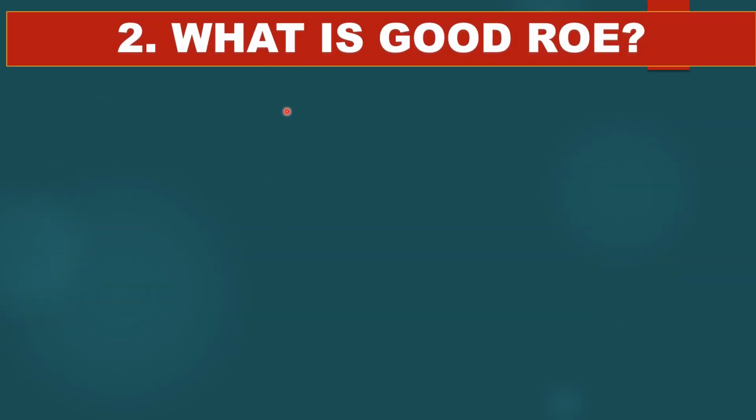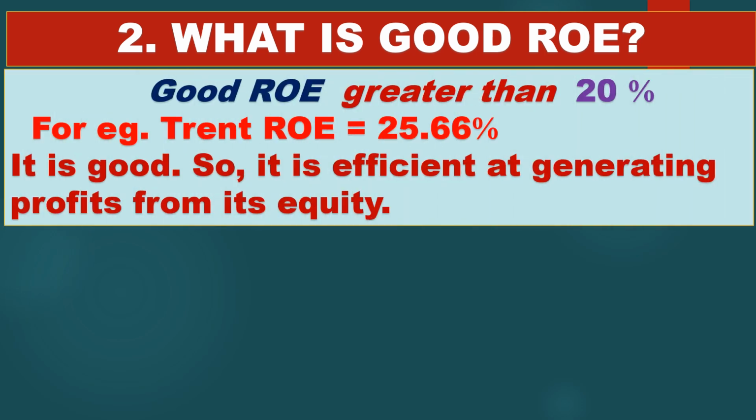Now let us see what is a good ROE value for a company. As I said earlier, Bell has got 24.4%. It is represented by percentage. Good ROE is greater than 20%. For example, another company, Tata Trent, a fashion textile company, has an ROE equal to 25.66%.